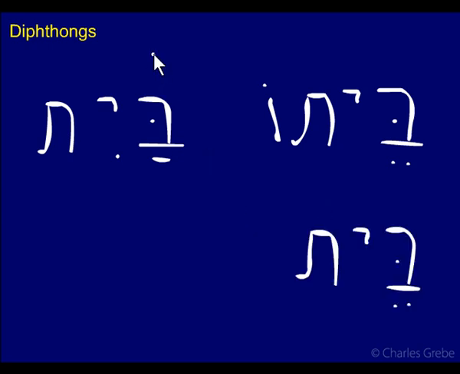Now, bait by itself, which is the example I gave before, is something called the construct form. We will come to it later, but basically it is associated with the next word, often with a maqqef, or sometimes without. So stress is moving away, and that's why you're getting this contraction here.